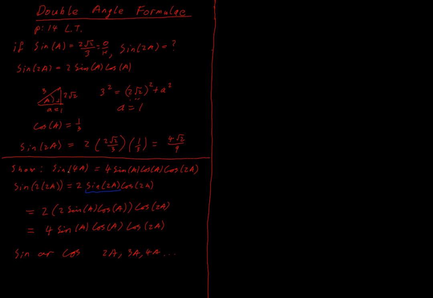But if you're asked anything about showing that sine or cosine of multiple angles, multiple a's, is equal to something like this, another way to solve the problem is to use something called de Moivre's theorem, which you will do in complex numbers. So you would use de Moivre's theorem. And you can just have that as a note to yourself for right now, and we will come back to it when we have done complex numbers.